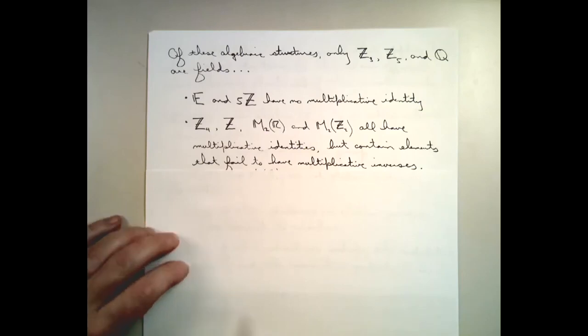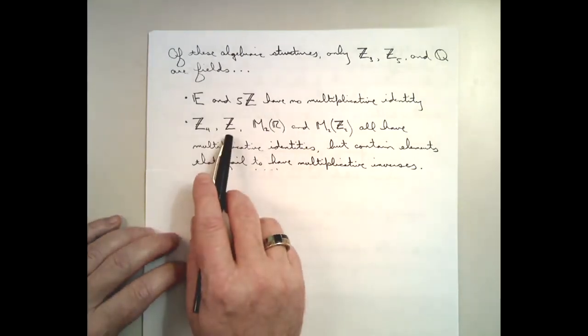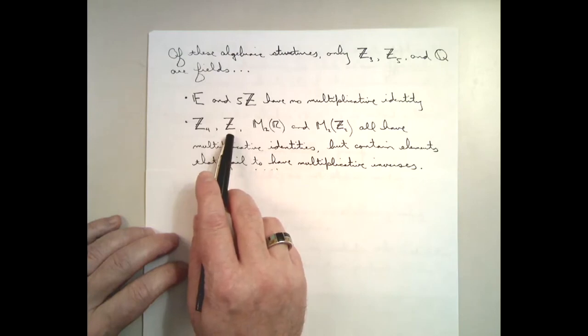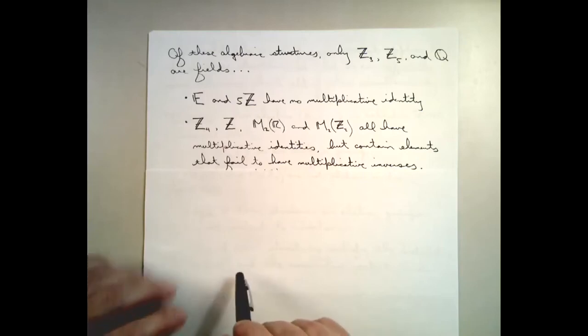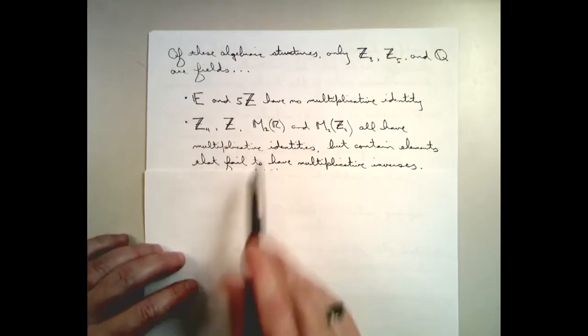So 2, for example, has no multiplicative inverse. In fact, the only elements that have multiplicative inverses in Z are 1 and -1, both of which are their own inverses, right? 1 is the inverse of 1, -1 is the inverse of -1. No other integer has a multiplicative inverse.